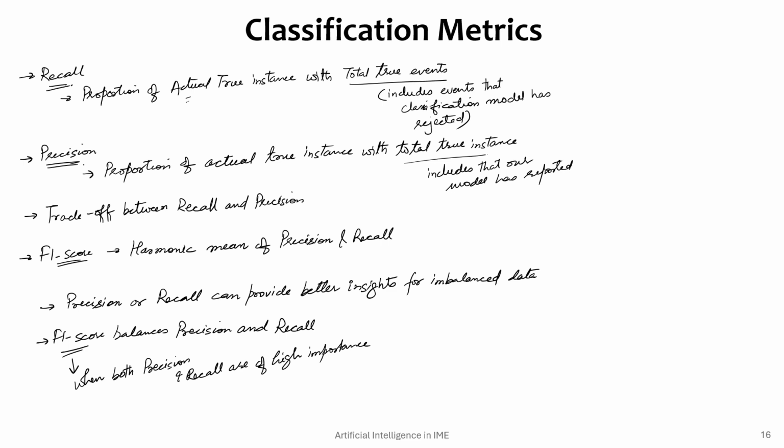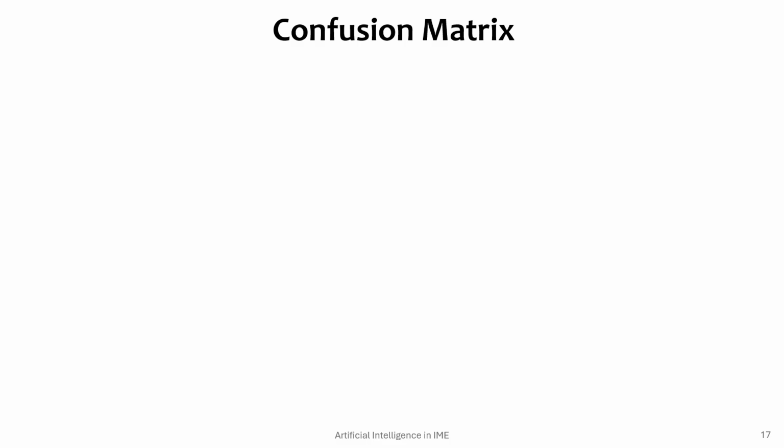Okay. So now let us understand what the confusion matrix is and how we can utilize this to better understand all of these metrics that we have just talked about, right?